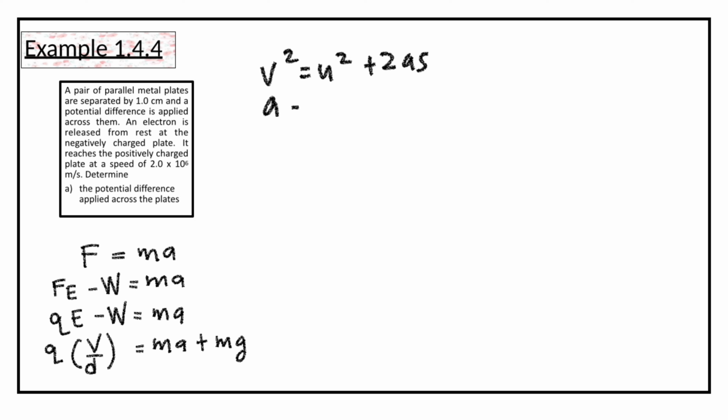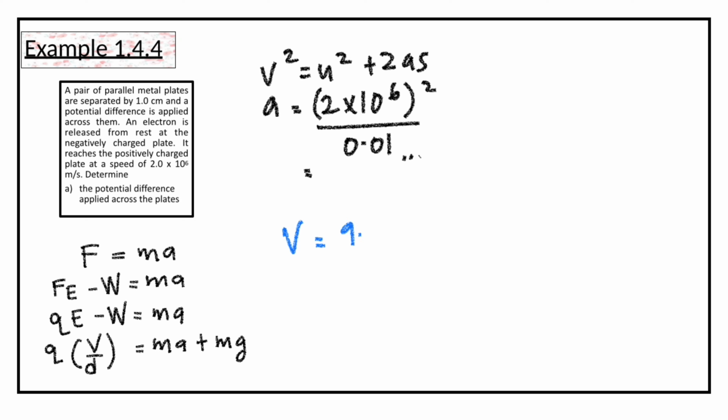Since we have the values of v and u, we can get a by substituting the value of v, 2 times 10 power of 6 squared divided by 0.01. 0.01 is s, the distance between two plates. So we will get our a equals to berapa? Okay, cuba tekan calculator. And to find V, V is equals to 9.11 times 10 power of negative 31.